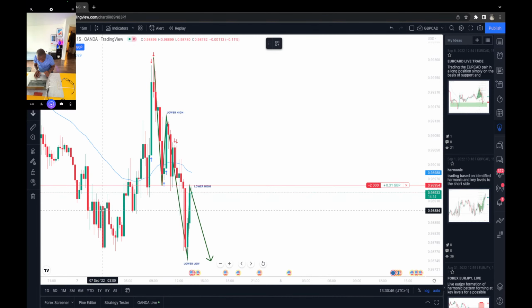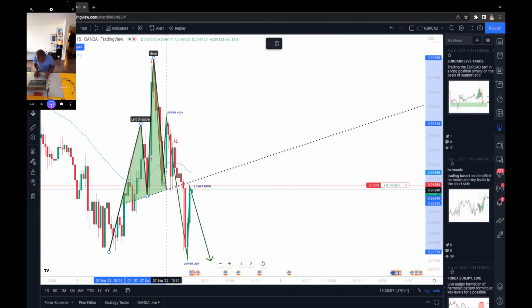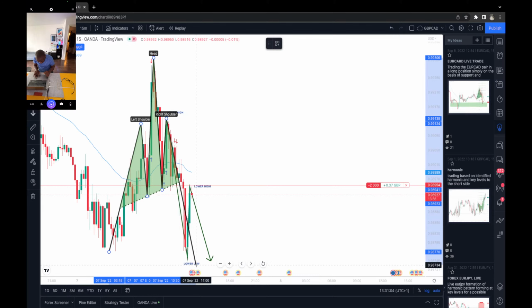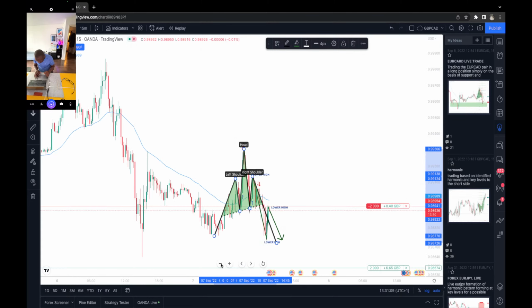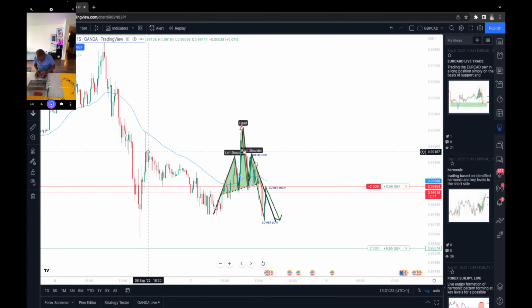Okay. And then if I draw the head and shoulder pattern in, draw this in earlier on. I haven't got enough space. Let me move this up a little bit so you can see.